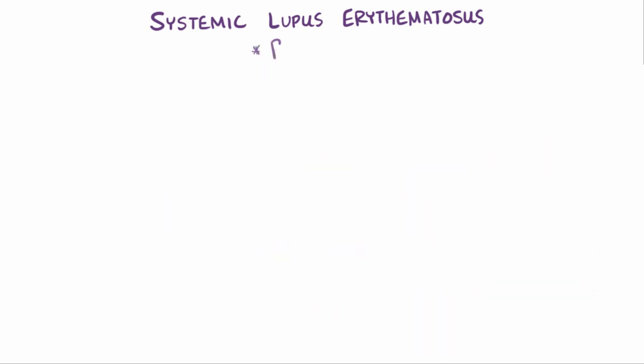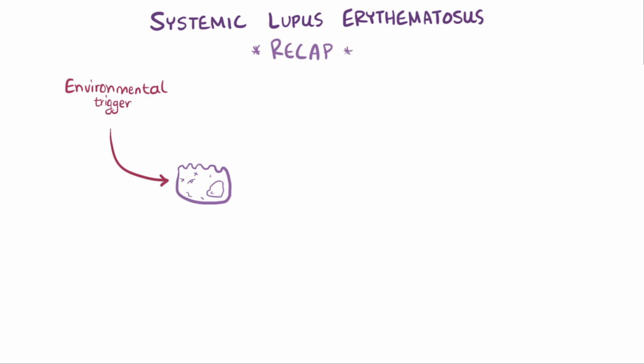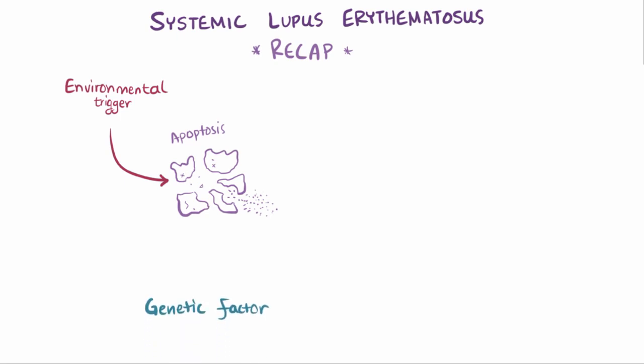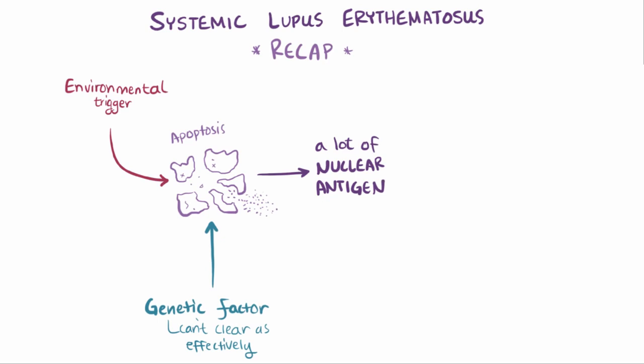Okay, as a quick recap, the model that's generally thought to be what leads to the symptoms of lupus starts with some environmental trigger, which damages cells and causes apoptosis and the release of nuclear antigens. At this point, the genetic components come in, and the person likely has certain genes that make them not so good at clearing these apoptotic bodies and nuclear antigens. So you end up with a lot of nuclear antigens floating around.